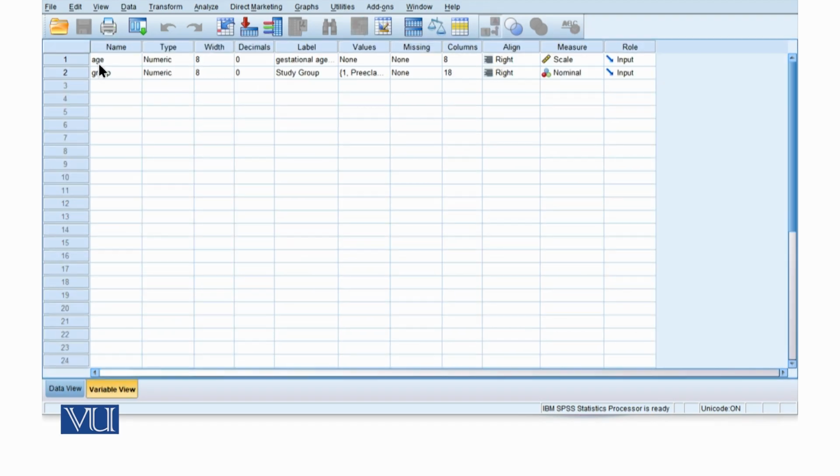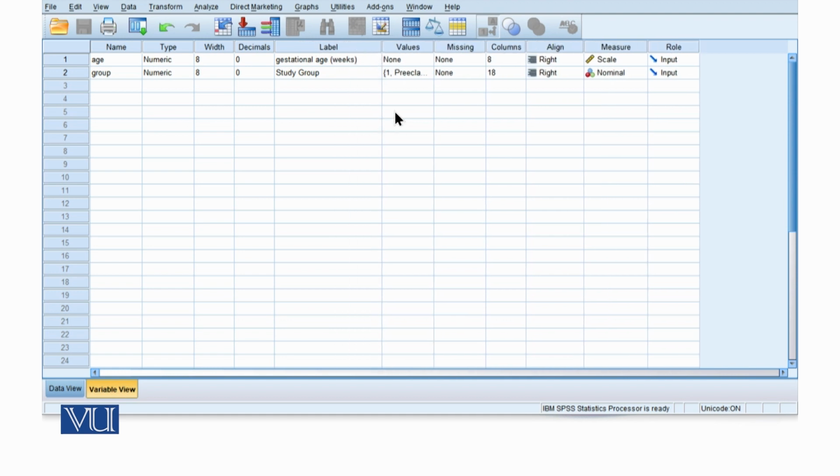For this, the age, that is our data in hand, our measurement, will be entered in one variable, and the second variable will explain the study group. So here, our response variable, our measured variable is age, which is gestational age measured in weeks. It's a quantitative variable, whereas the other variable is group, which refers to the study group.